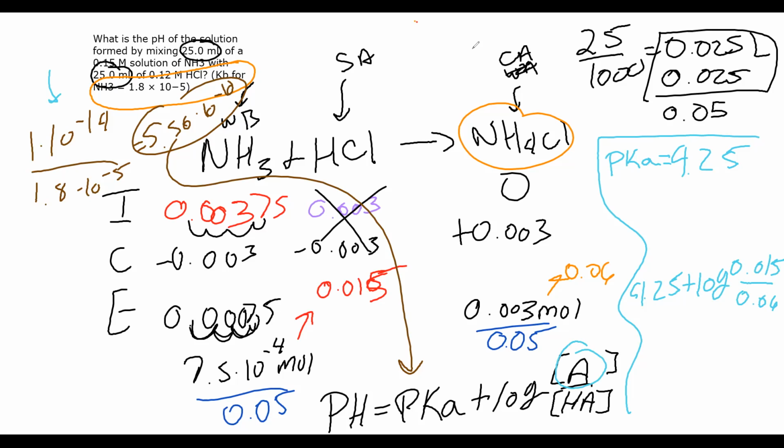So 0.015 divided by 0.06. Good, that log of that's good. 9.25 plus that number. What did you guys get? 8.6.